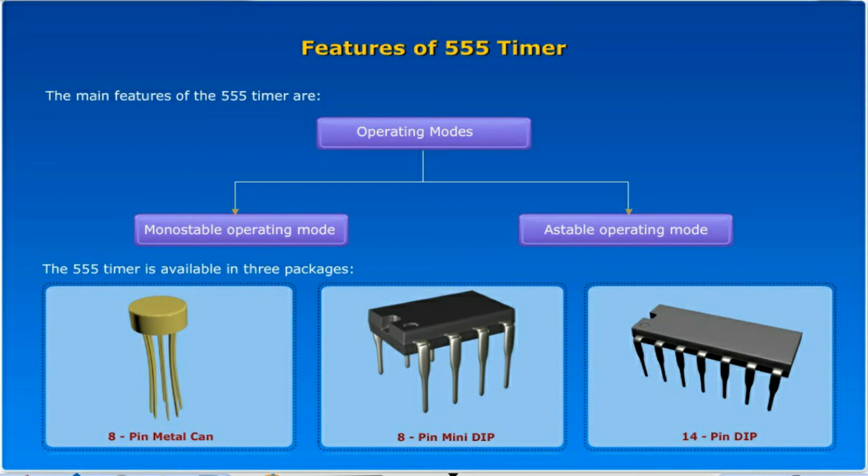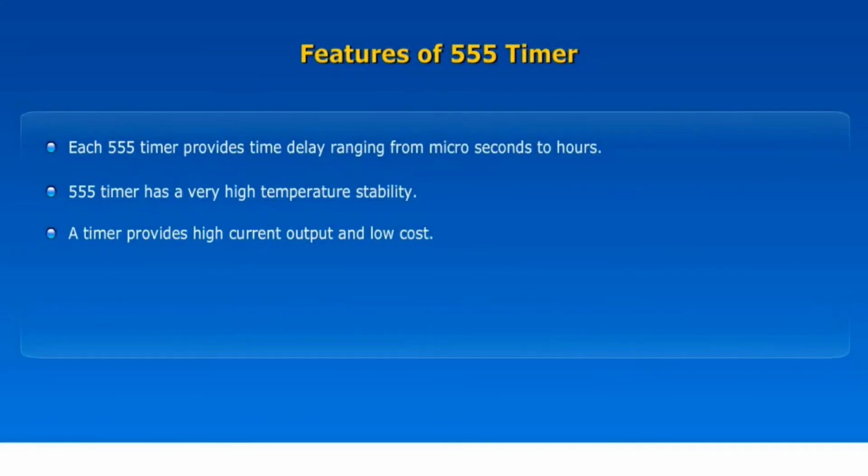They are 8 pin metal can, 8 pin mini dip and 14 pin dip. Each 555 timer provides a time delay ranging from microseconds to hours. The 555 timer has very high temperature stability. It provides high current output and low cost.